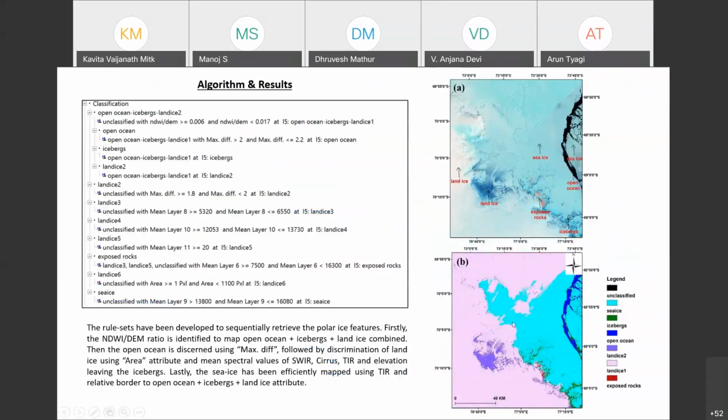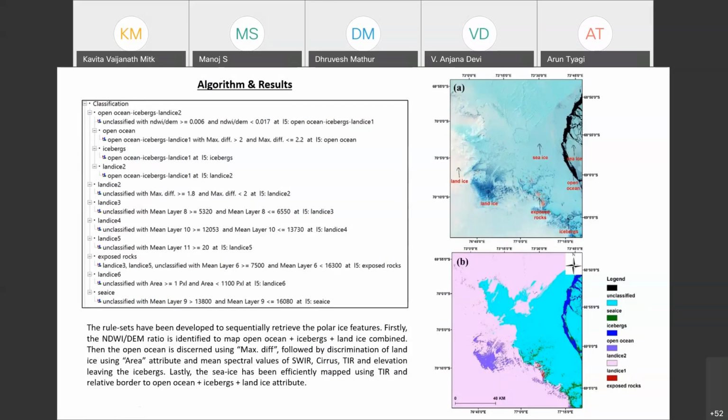So basically, we have segmented the image in two different layers, based on the size of the features. If we have a larger area, then that feature will be classified at one level, and the smaller features will be classified at another finer scale level.